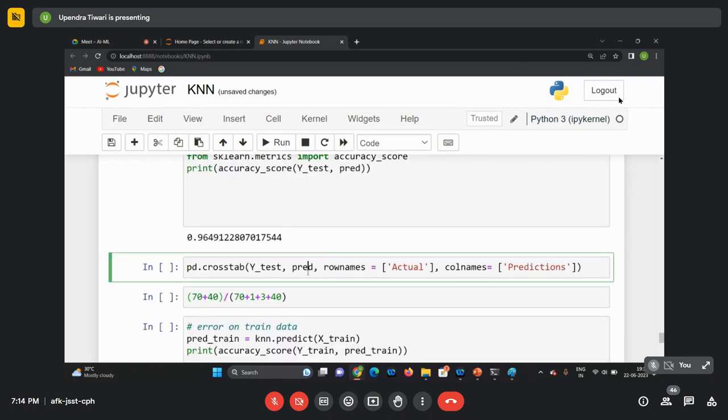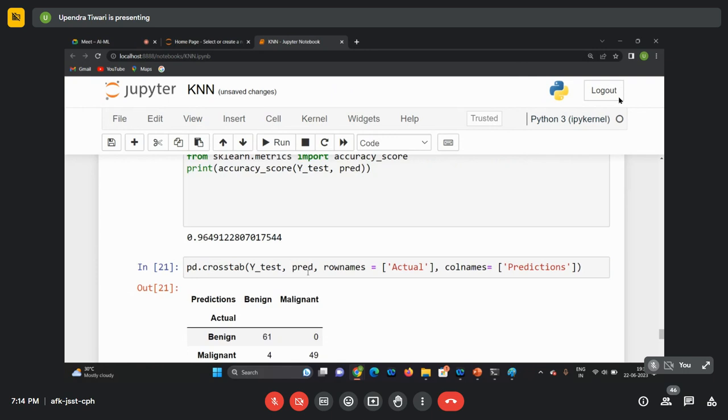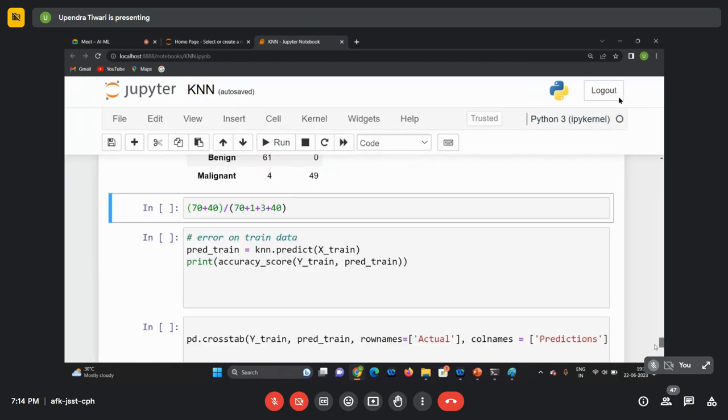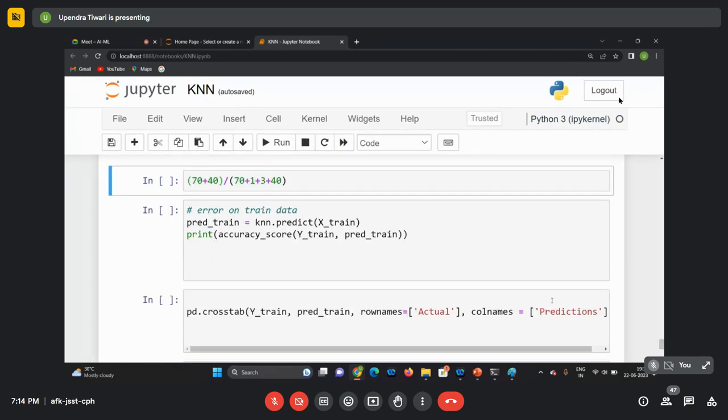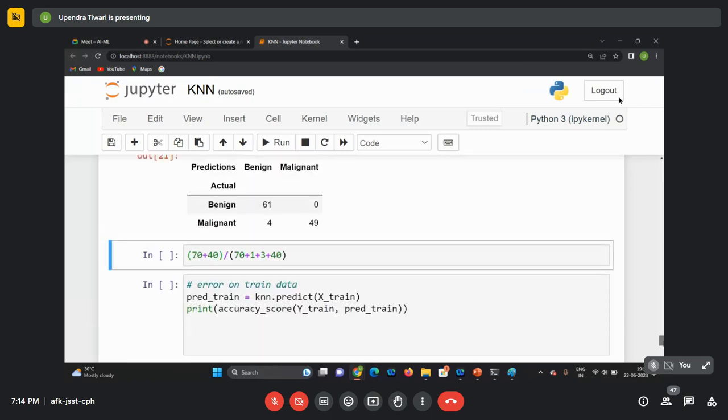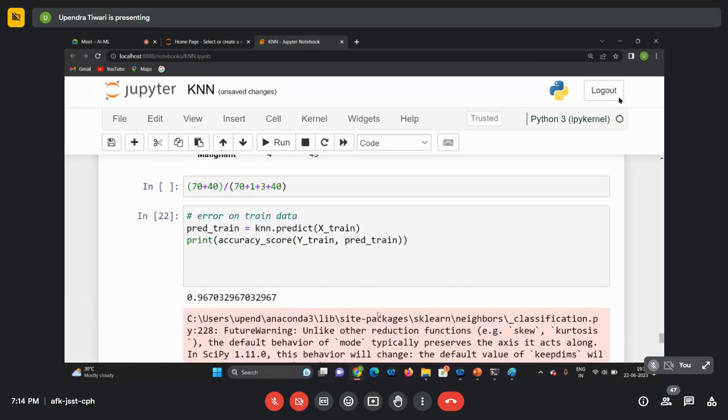And if you want to check the confusion matrix, then you can check it. In the same way, let's talk about the train accuracy. That is 96.7.